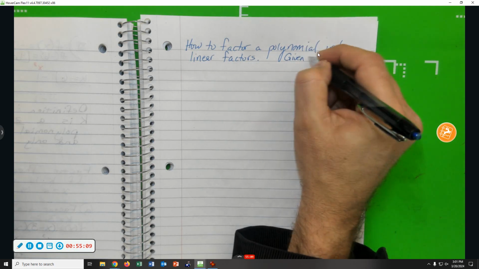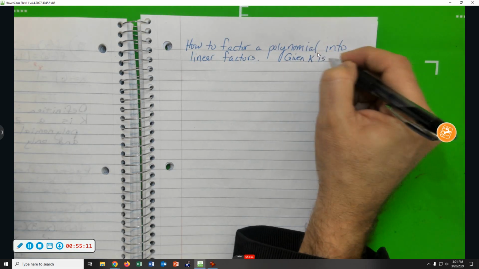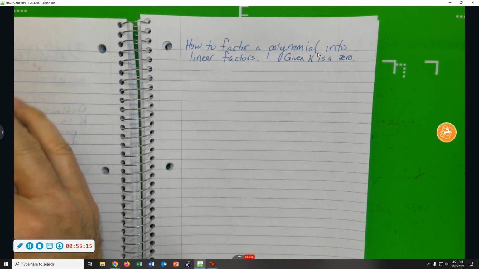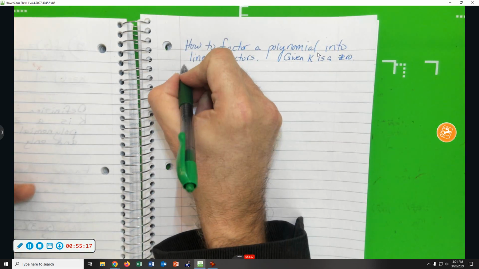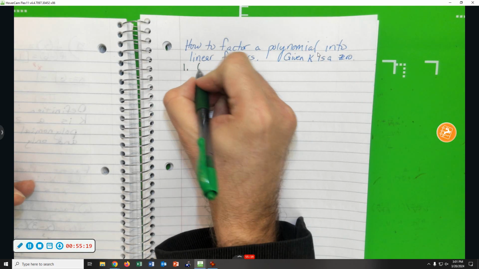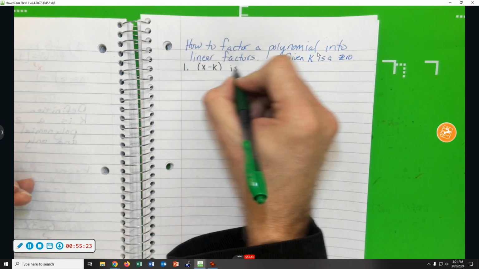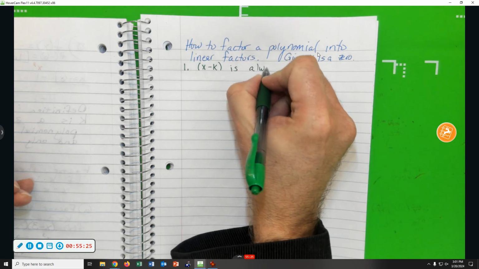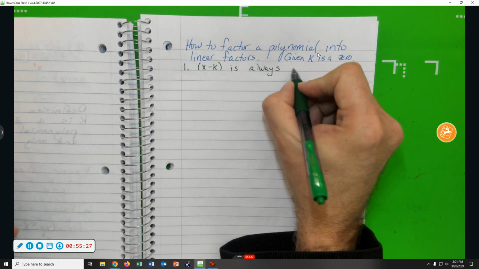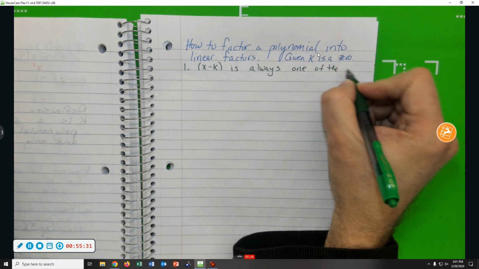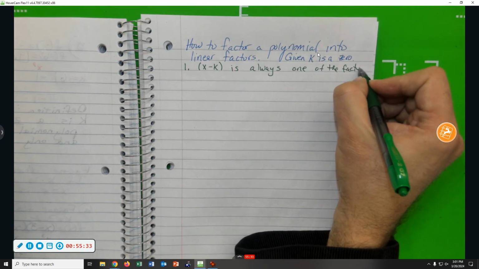If you're given that k is a 0, first thing, x minus k is always one of the factors. And as he did in the example, we generally write that down first.